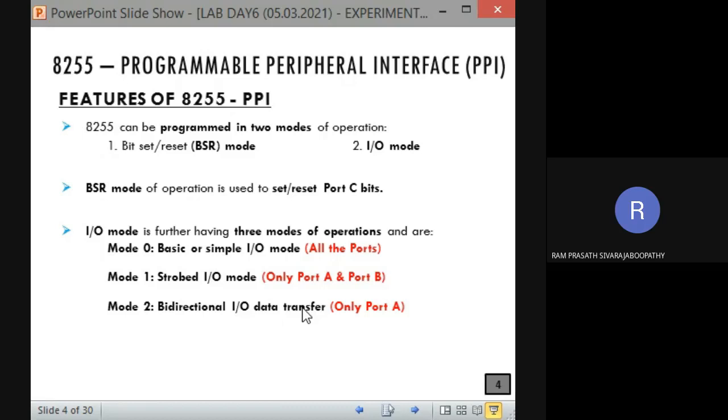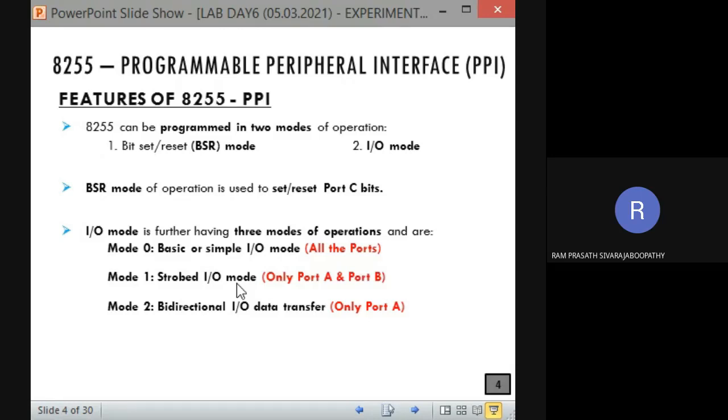Then the processor will read the data. That is what interrupt driven IO mode means. Similarly, when you are writing to 8255, after 8255 writes the data to the output device, it will intimate the processor that the data you have given is written, so that you can transfer the next byte. Like that, it will have some interaction.